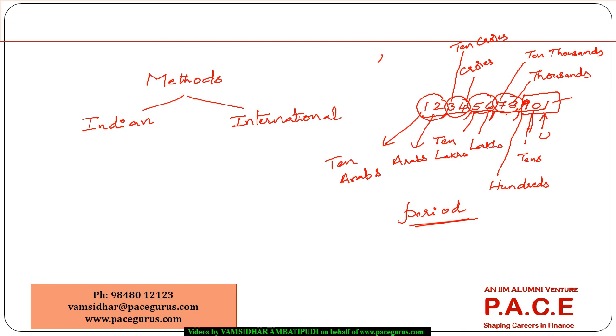The place value of 8 here, which is in the thousands place, is 8,000. The place value of 7, which is in the 10,000s place, is 70,000, and so on. So that is how we get the place value. The place value of 1 here is 10 Arabs.